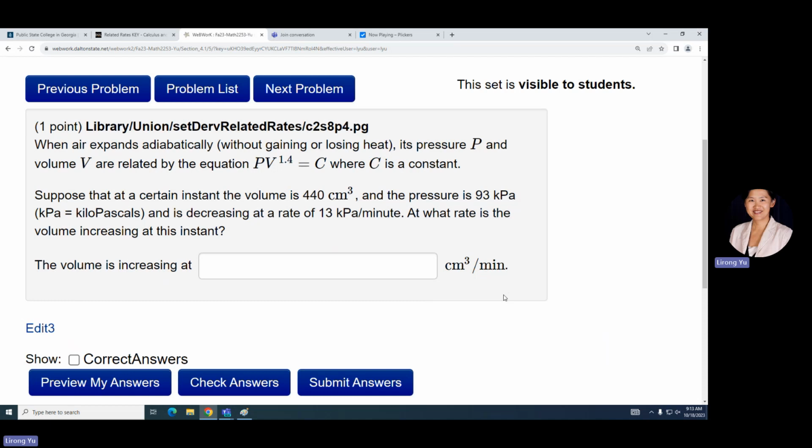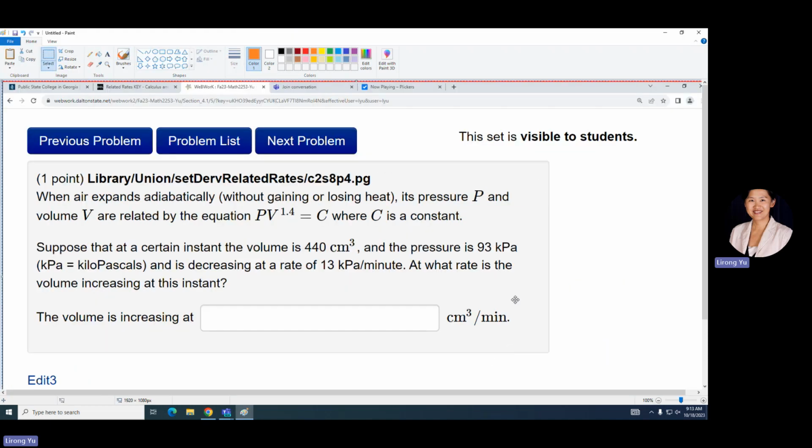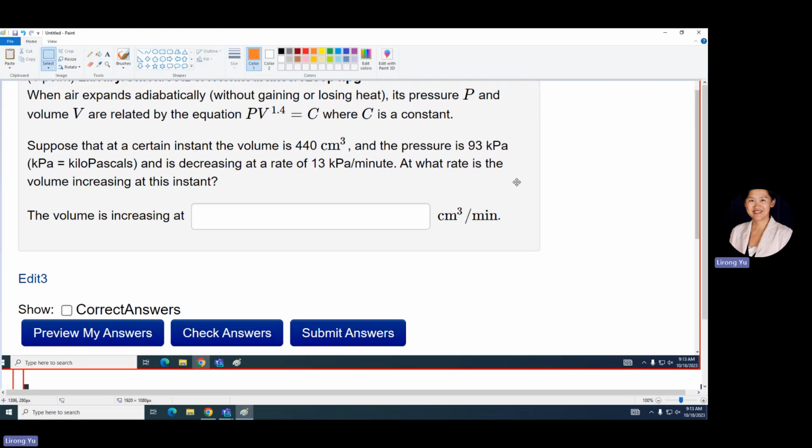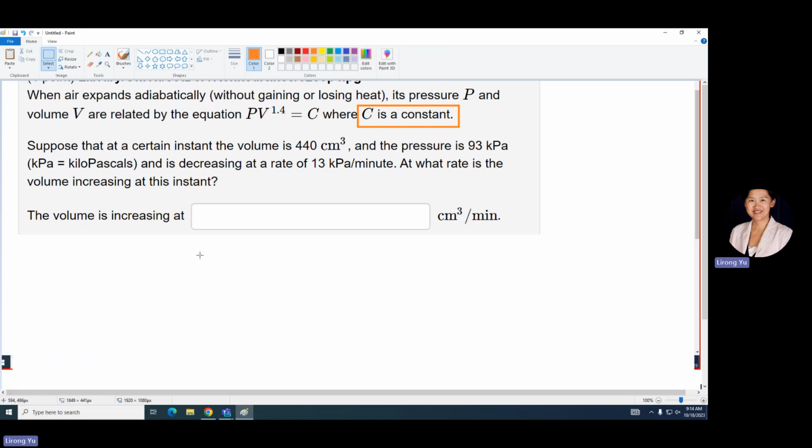C is a constant, so that will just be a number. This is what we have to find. One of the important things is to realize C is a constant number, so that would have a 0 derivative. So let's work it out to see how it's calculated.